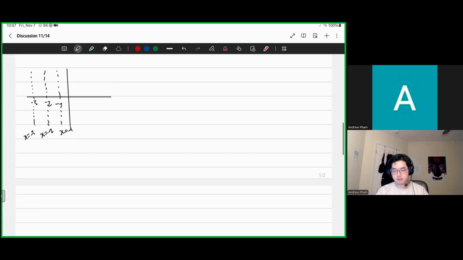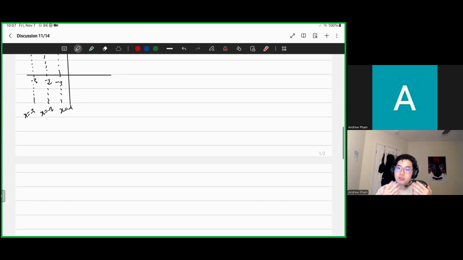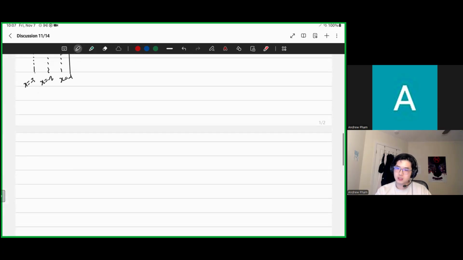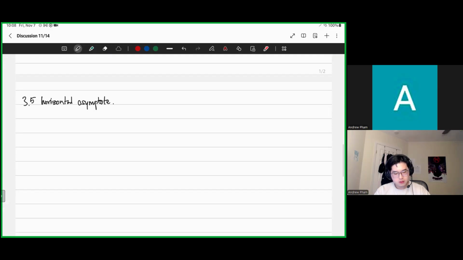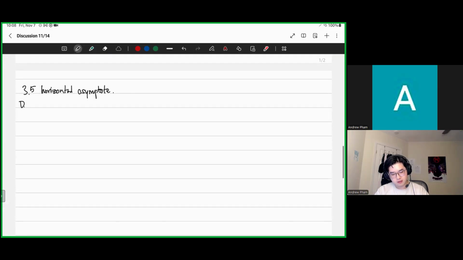All right. Now, since we have the notion of a vertical asymptote, it makes sense that there must be some notion of a horizontal asymptote too. So that's what we're going to talk about next, or talk about again, because we've already done this formally. So 3.5, a horizontal asymptote. So the definition is such, right?